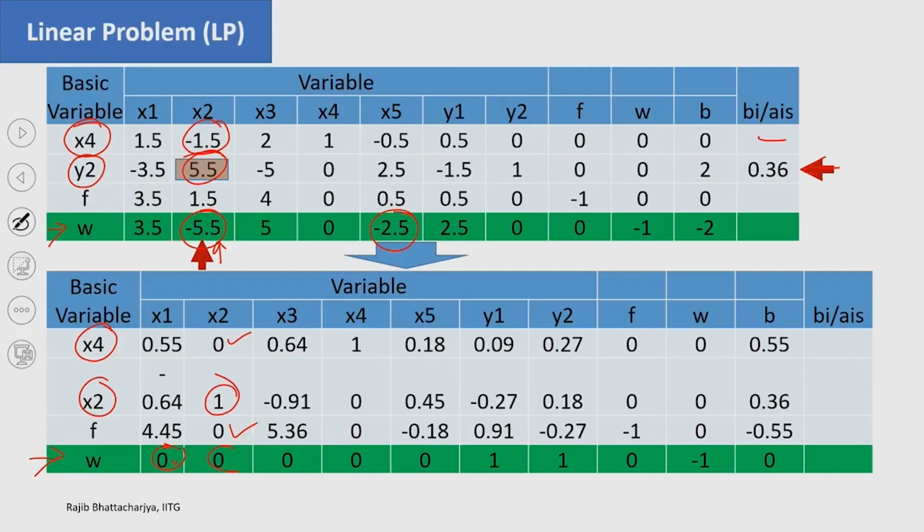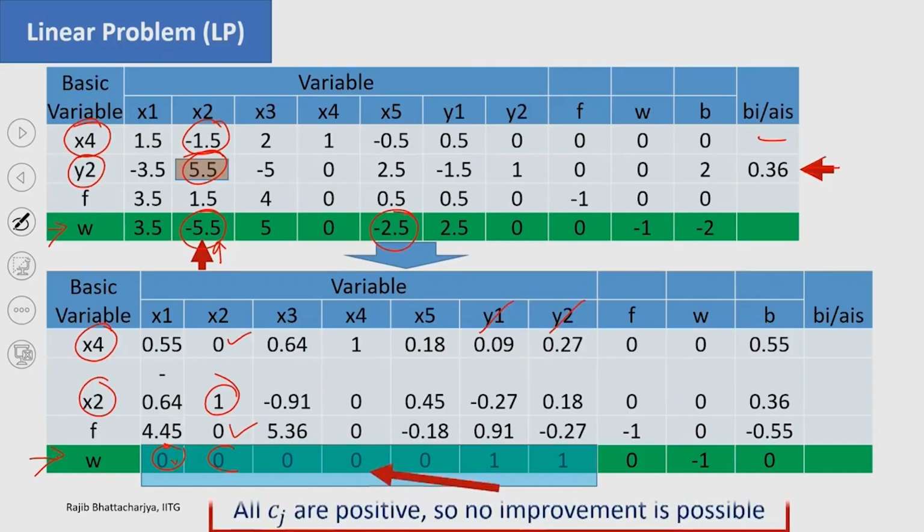So, you got the solution of the first phase. So, what I can do? I can remove this particular row along with the variables y 1 and y 2. Okay. So, all C j are positive, so no improvement is possible.